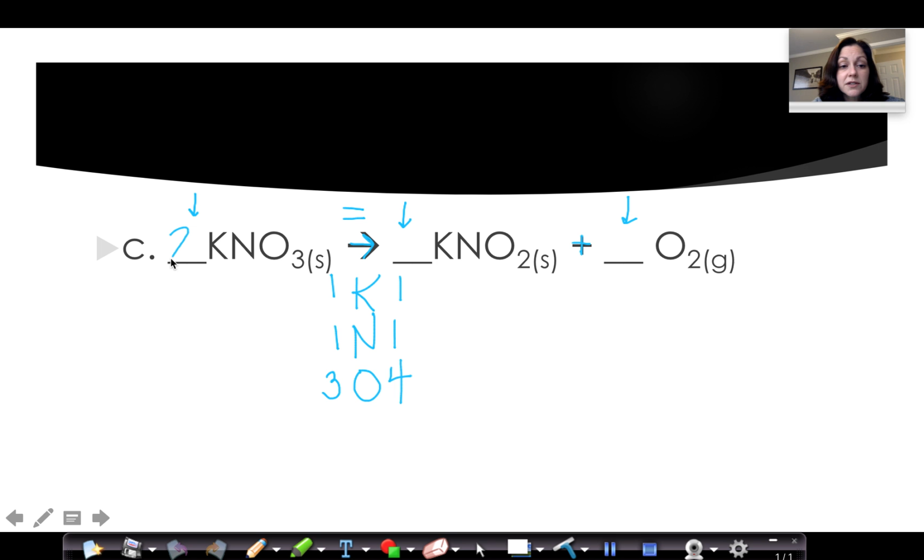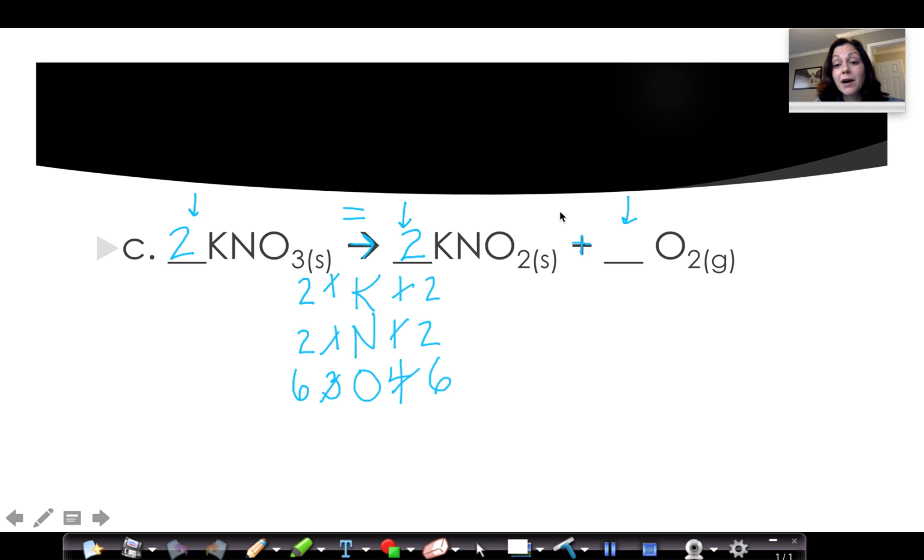So if I wanted to start, I'm going to try by putting a 2 here and see what happens. So that multiplies by this K, making it a 2, multiplies by the N, making it a 2, and multiplies by the O, making it a 6. If I then also put a 2 here, that multiplies by the K, it multiplies by the N, and then this represents 4 O's plus another 2 here, and 4 plus 2 is 6.